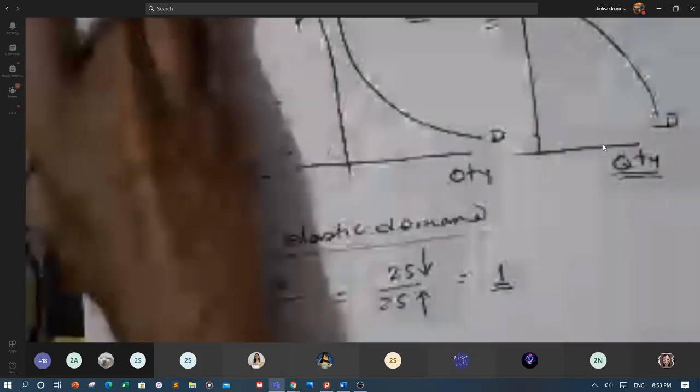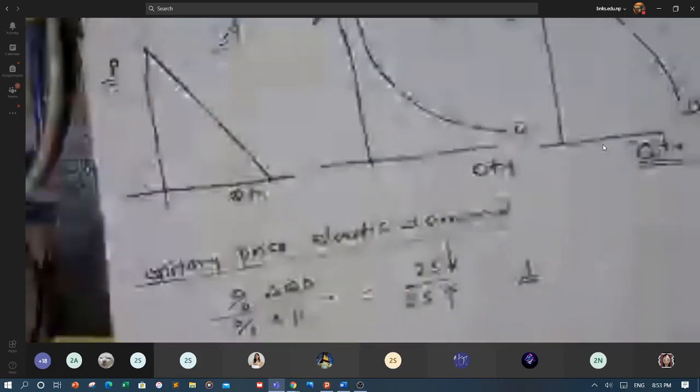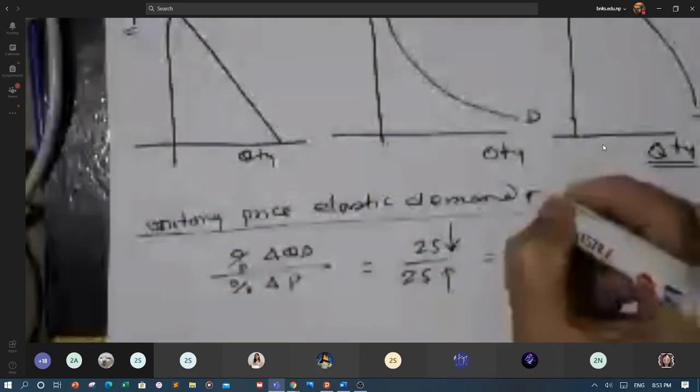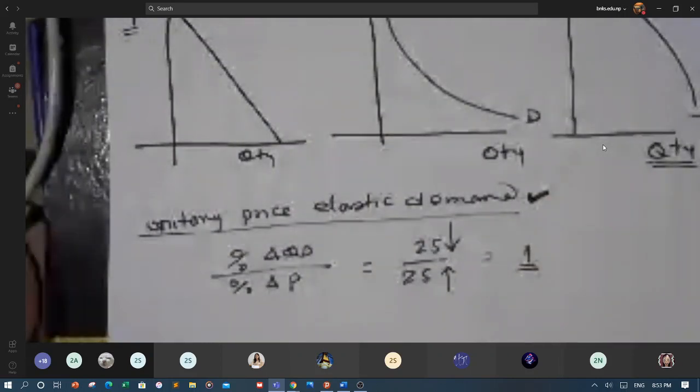Now, my question to you. I was doing unitary price elasticity of demand in the previous class. Which is the figure for the unitary price elasticity, A, B, or C? Avinam?